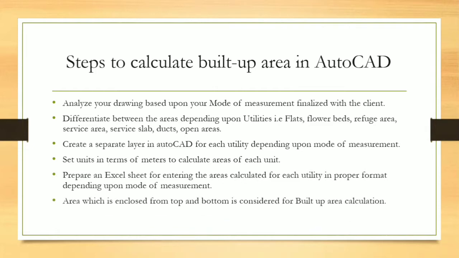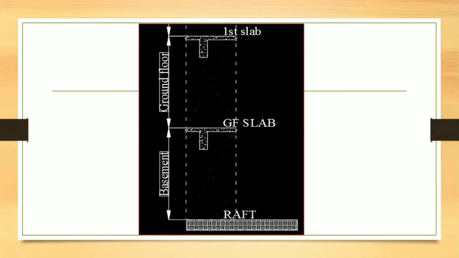Next, now what area should be considered in the built-up area? The area which is enclosed from top as well as bottom, that will be considered in your built-up area calculation. For example, in this slide you can see that we have our raft. Raft is from here to here. This complete area is comprised of raft, but our ground floor slab is restricted till this point.